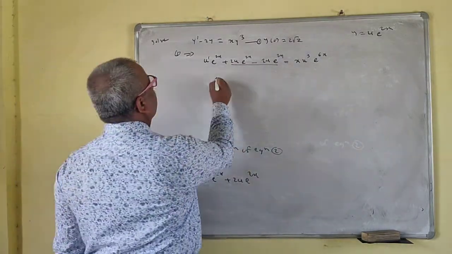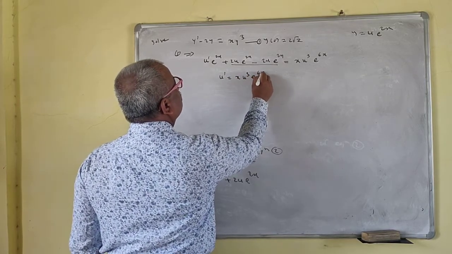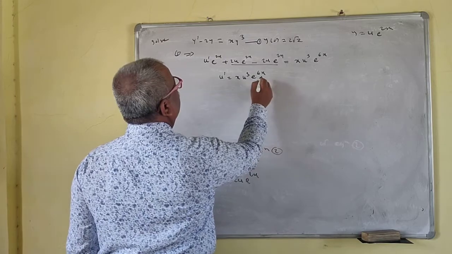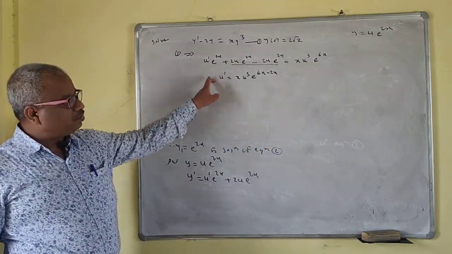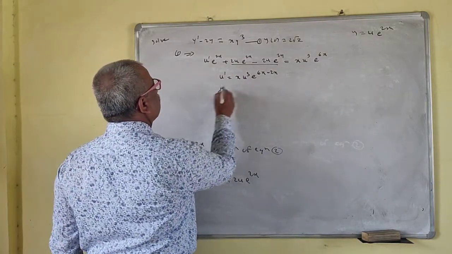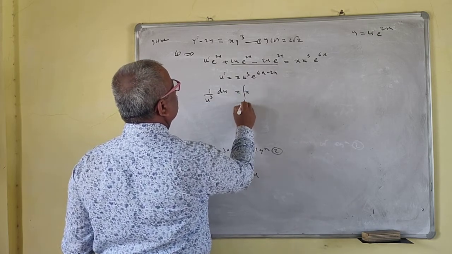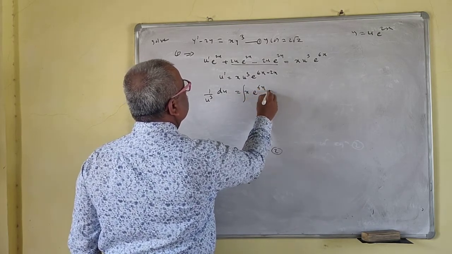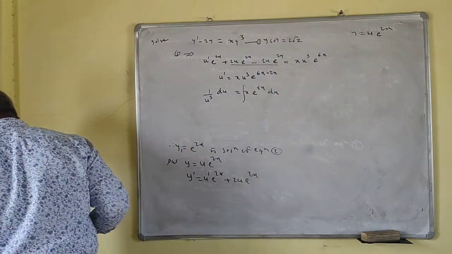Because you don't want e raised to twice x, you have divided by it. Now this is 1 upon u cubed du is equal to x e raised to 4x dx.